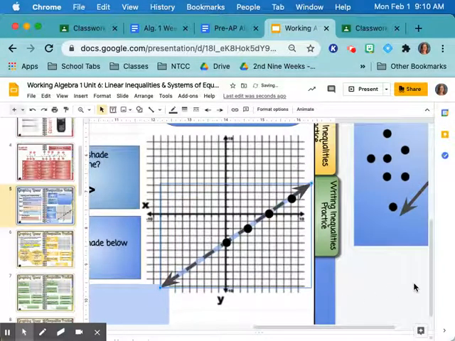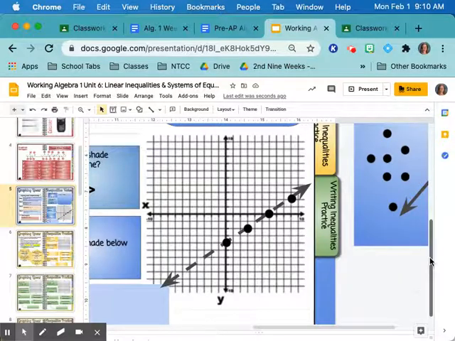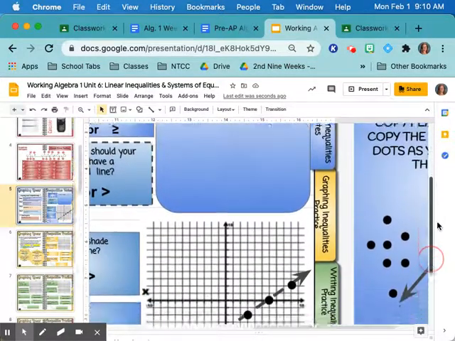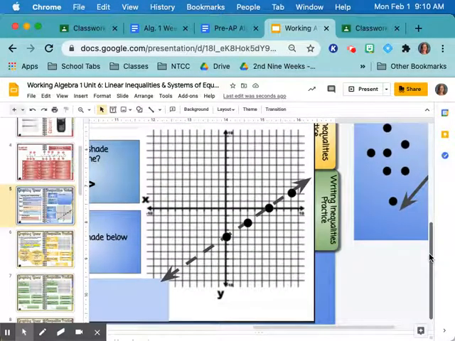There we go. And I need to shade it. How is this going to be shaded? It says greater than. Where is greater than?